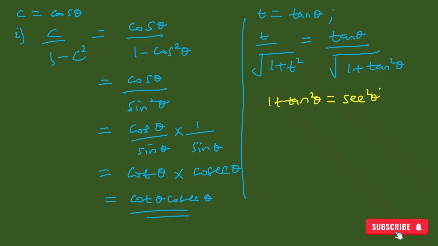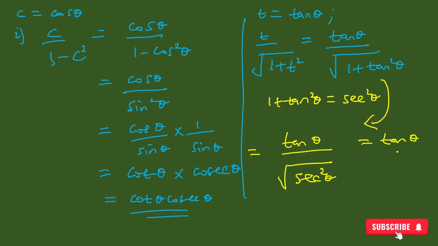Our expression becomes tan theta over the square root of sec squared theta. When we simplify, the square goes with the square root, so we remain with tan theta over sec theta. We can write it in a more simplified way.